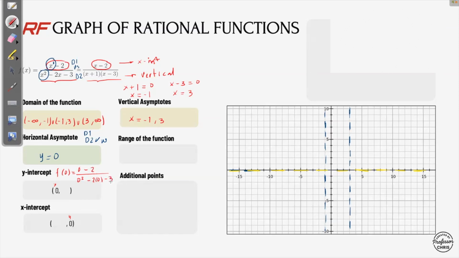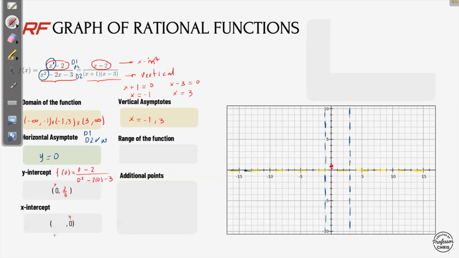So that's going to be minus 2 over minus 3. You get 2/3. So 0, 2/3. Let's try to have 1/3. 2/3 would be about here.